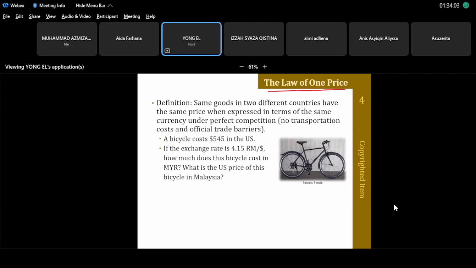You can consider this bicycle. Let's say we have two countries, the USA, and here we have Malaysia. Let's say this bicycle is available.